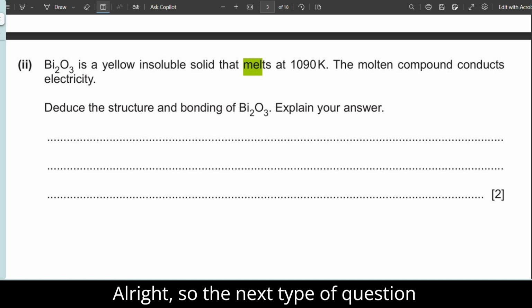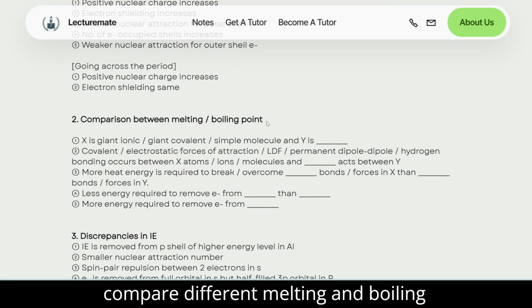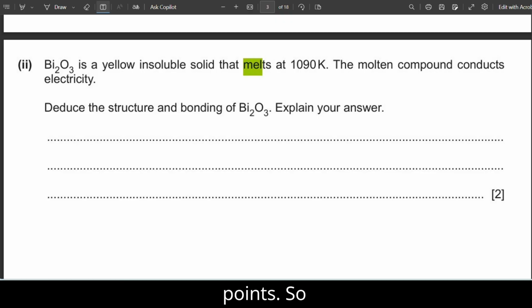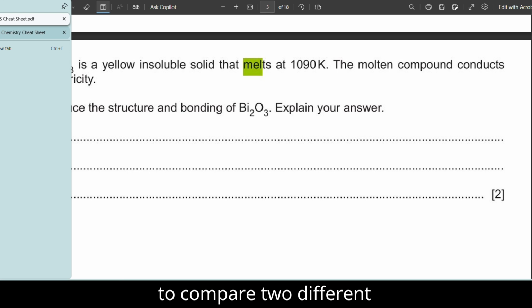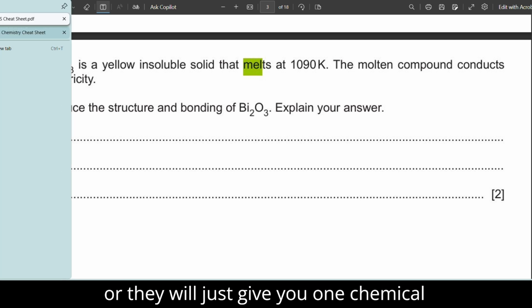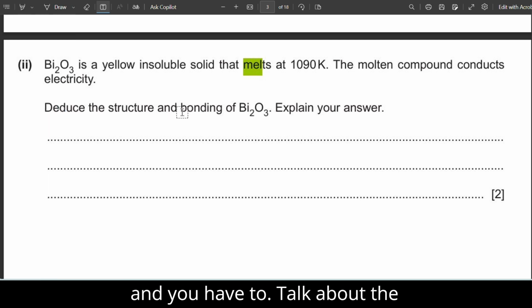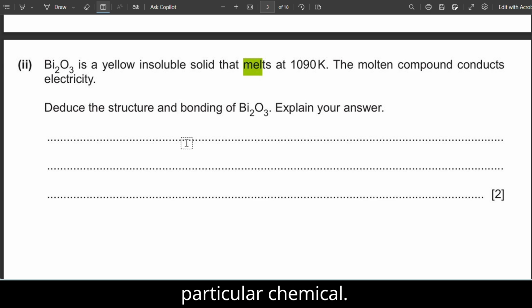Alright, so the next type of question that we'll cover will be those that compare different melting and boiling points. So you either have questions asking you to compare two different chemicals with different melting points, or they will just give you one chemical and you have to talk about the melting point of that particular chemical.